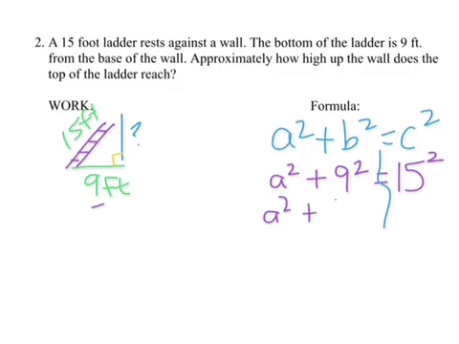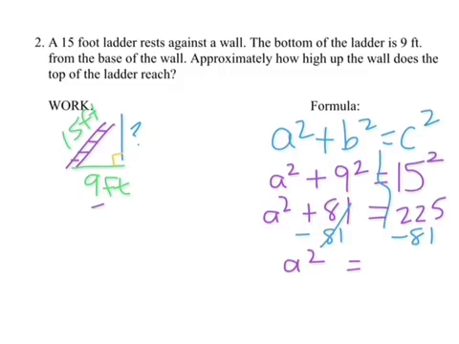So a squared plus 81 equals 225. Here's a one-step equation. To isolate the variable, I'm going to subtract 81 from both sides. And 225 take away 81 is 144.